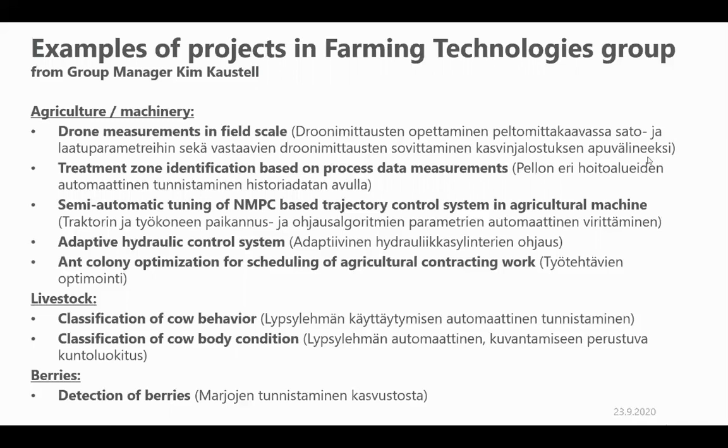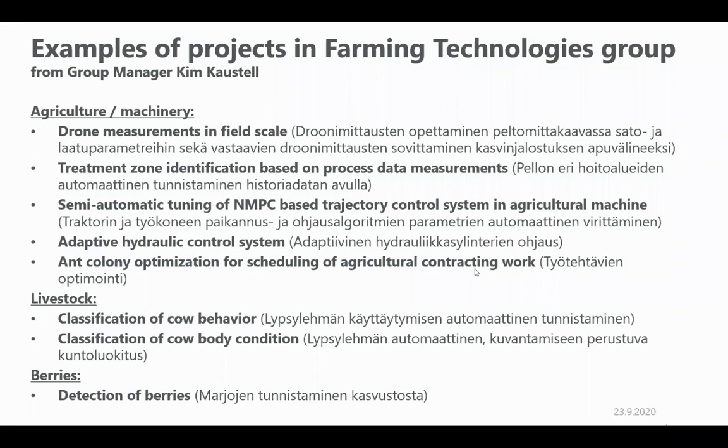There is, for example, adaptive hydraulic control system, and there is drone used to do measurements in field scale, and that kind of projects. Then on the other hand, there is some livestock work being done. So classification of cow behavior, but also cow body condition. And also one example is detection of berries from the images. That kind of different problems.